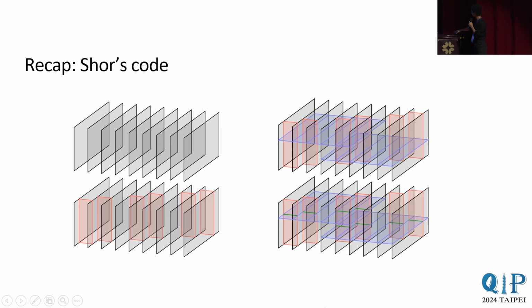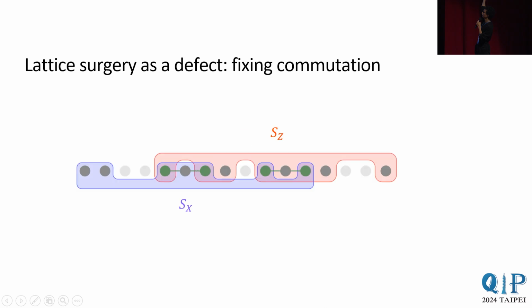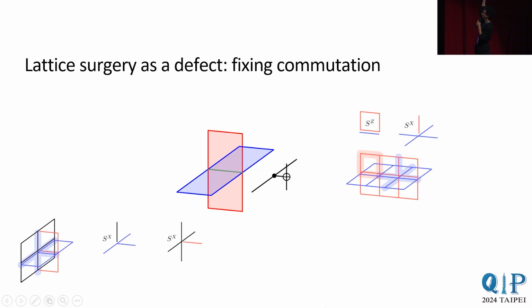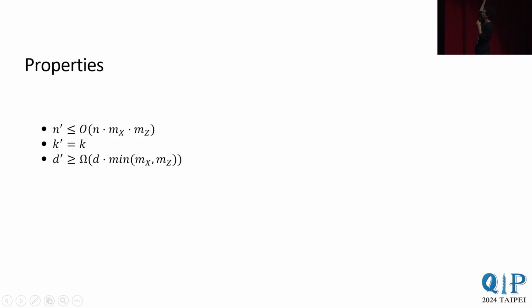Yeah, so the recap is essentially that with these defects, you preserve enough of the structure of the original code to have these parameters. Regardless of the input code, you'll always get n scaling as this, k scaling as that, and d scaling as this, where mx is the number of x-type checks.